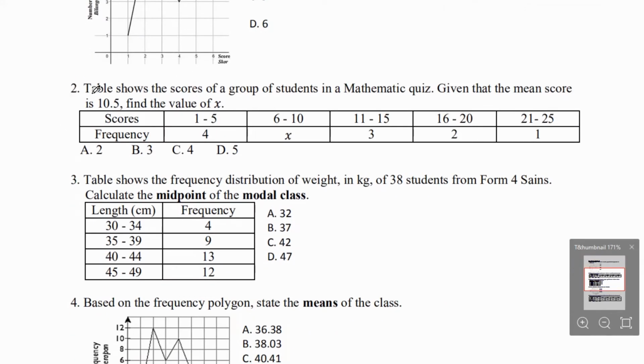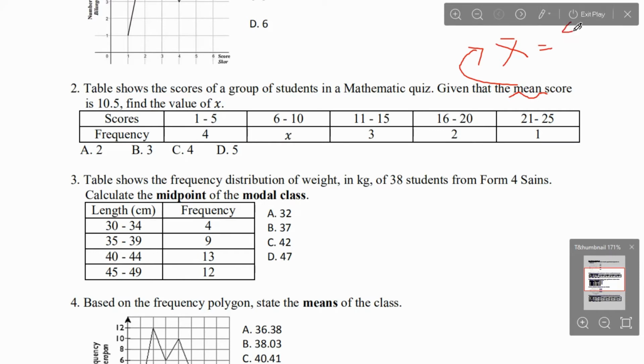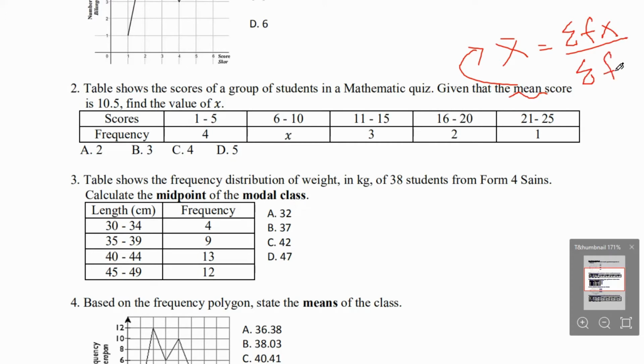Number 2, the table shows the scores of a group of students in a mathematics quiz. Given that the mean score is 10.5, find the value of x. Okay, the formula of mean is, this is the symbol for mean, equals summation of fx divided by summation of f.